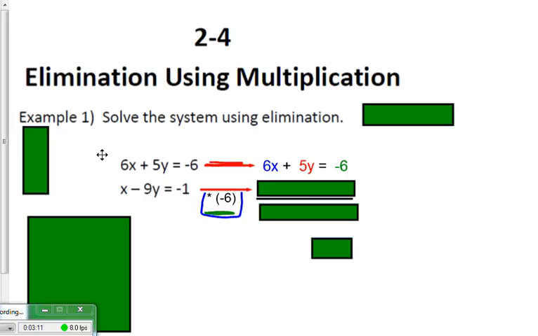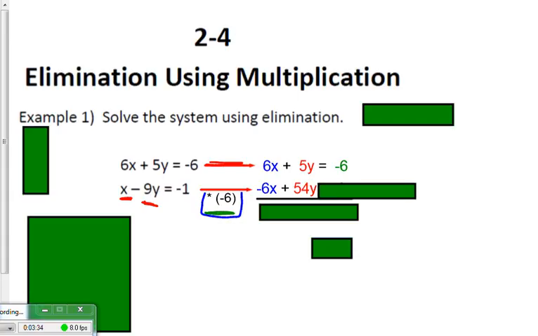Okay, so if I do this piece, the x times negative 6 is going to become negative 6x. If I do this piece, remember it's like saying negative 9y, then it becomes positive 54y.